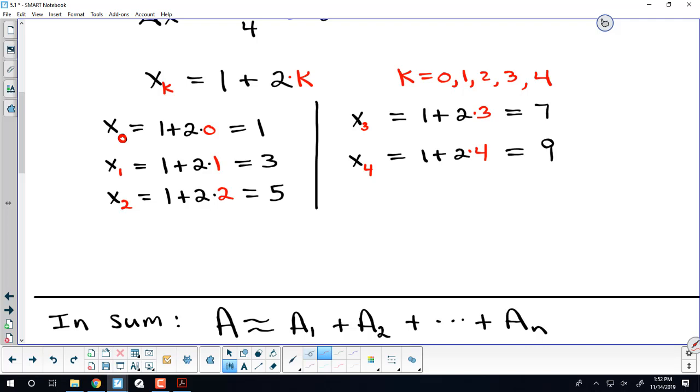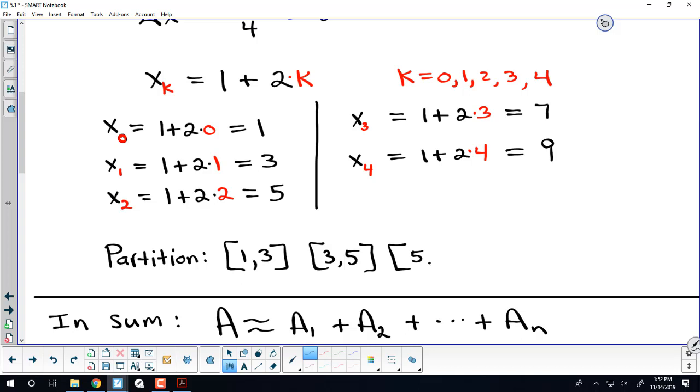So that means the partition of 1, 9 using 4 rectangles is 1 to 3 for the first rectangle, 3 to 5 for the second, 5 to 7 for the third, and 7 to 9 for the fourth.